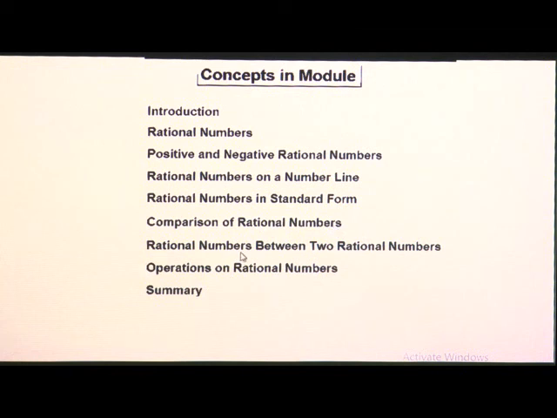Then rational numbers between two rational numbers. Now, you know rational numbers are written in the form of P upon Q, where Q is not equal to 0. But now we will see what the rational numbers are between two rational numbers.